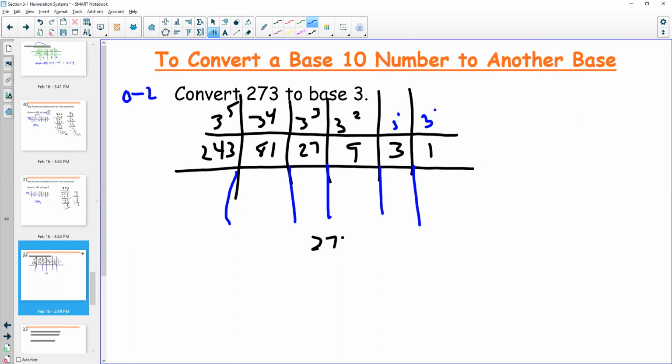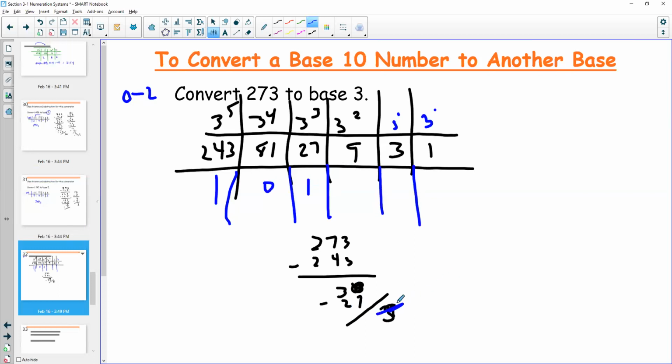So 273 minus 243 gives me 30. So I can't take out any more of those. I have one of these. I can't take out any 81s. That's a 0. Minus 27 gets me 3. Sorry, that's a 30 minus 27.